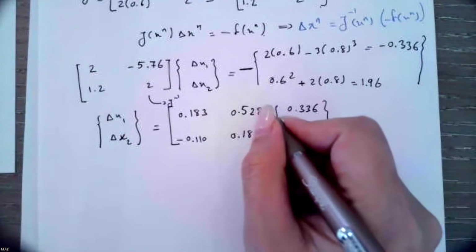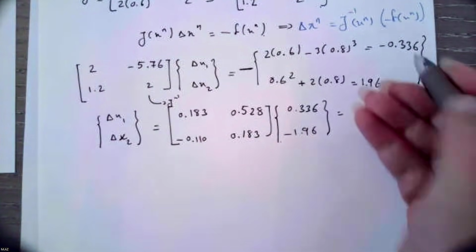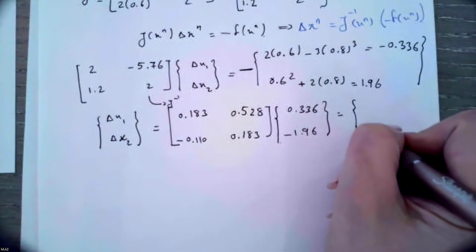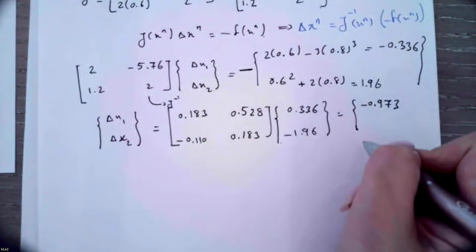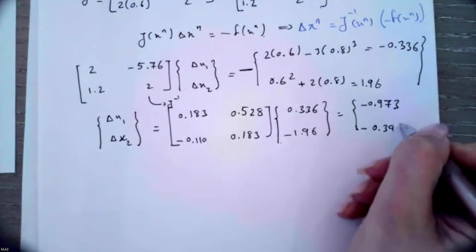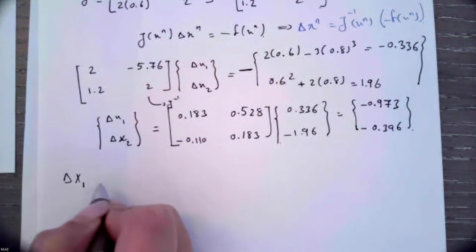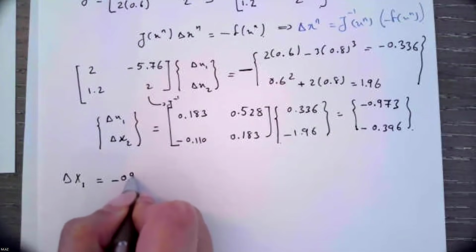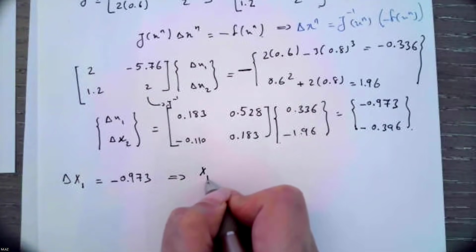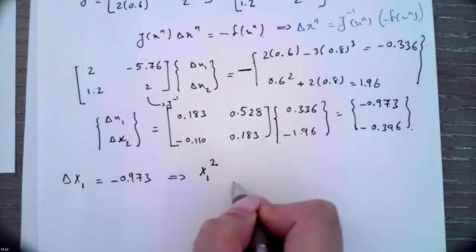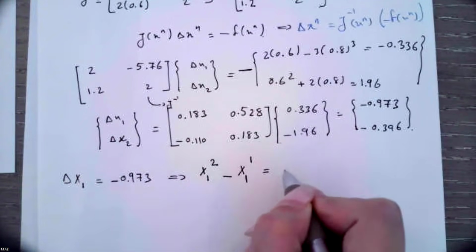And once we solve this part, matrix times vector is negative 0.973, negative 0.396. It means delta x1 equals negative 0.973, and it is talking about the value of x1 for the second iteration minus the value of x1 for the first iteration.